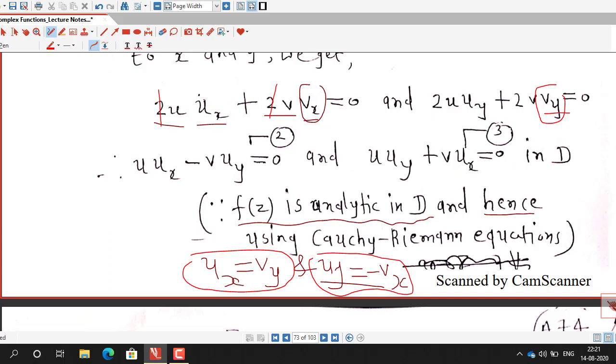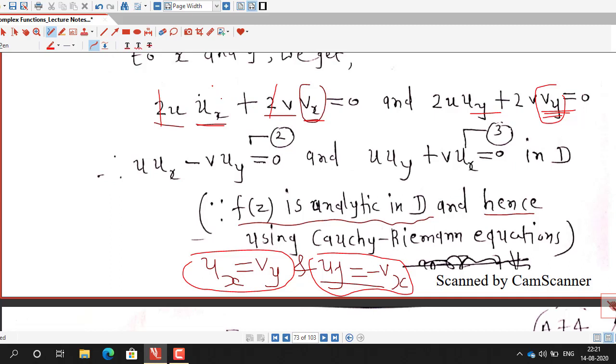Here the partial derivatives are ux, vx, uy and vy. So there are 4 partial derivatives, and we are converting them into 2 partial derivatives of u with respect to x and y. If you wish, you can write all the partial derivatives in terms of partial derivatives of v also.